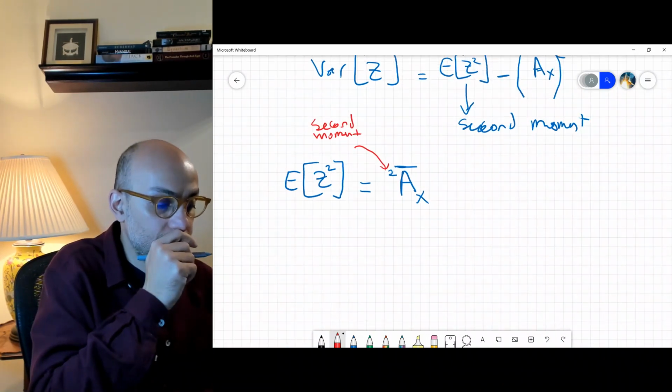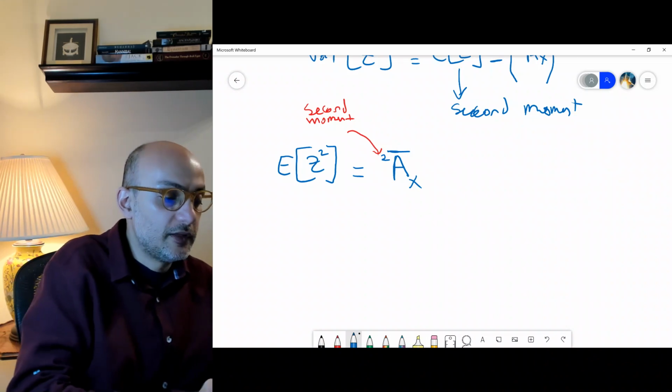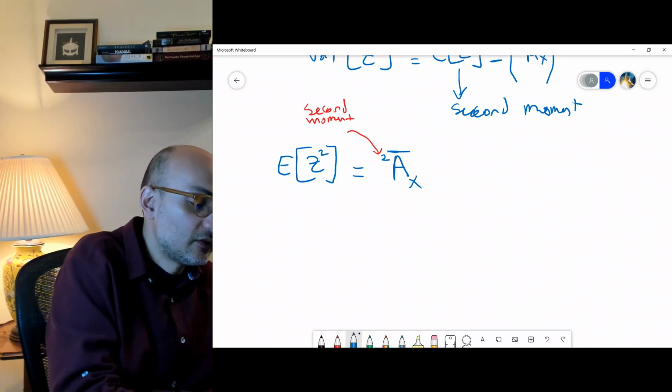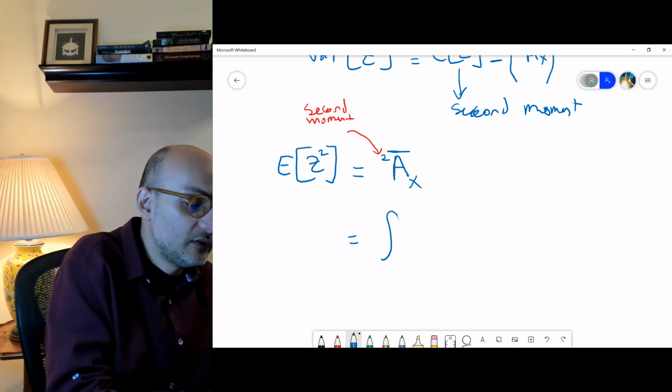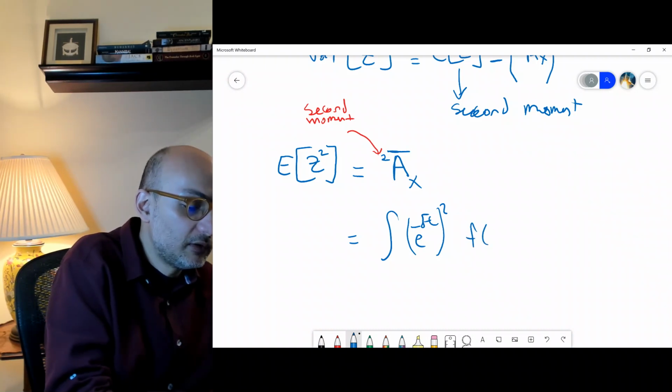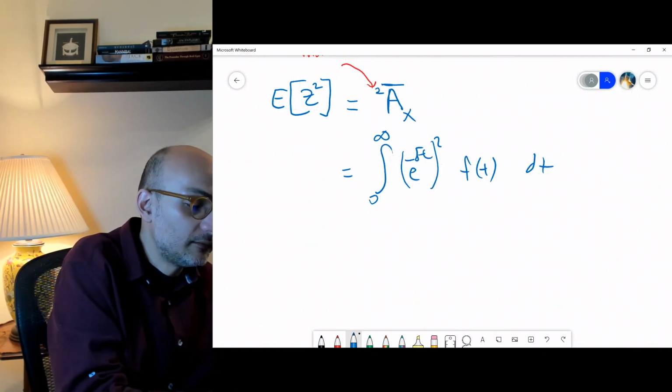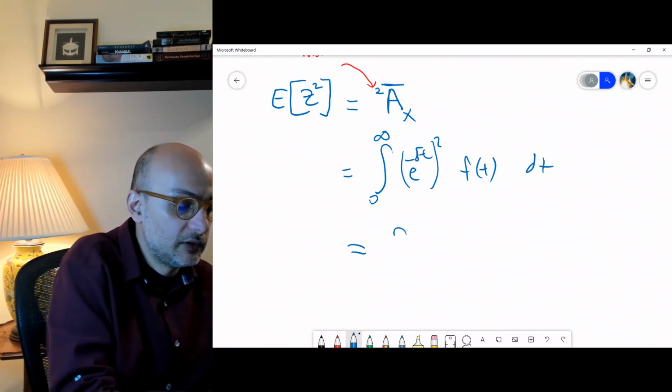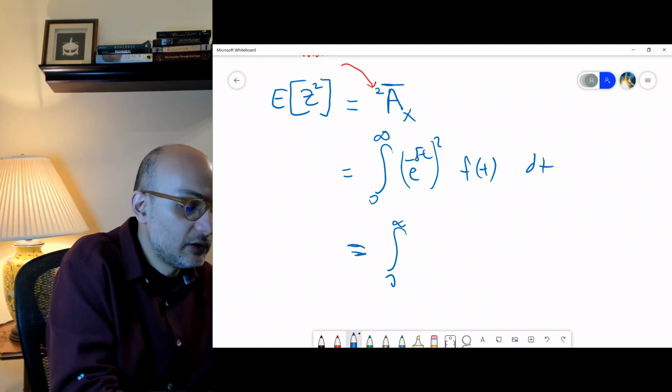So the 2 here tells us the second moment. Let's calculate it. You have e to the minus lambda t, which is your Z, raised to 2, then multiplied by f t dt. Because this is whole life, from 0 to infinity, you can also write it from 0 to infinity.